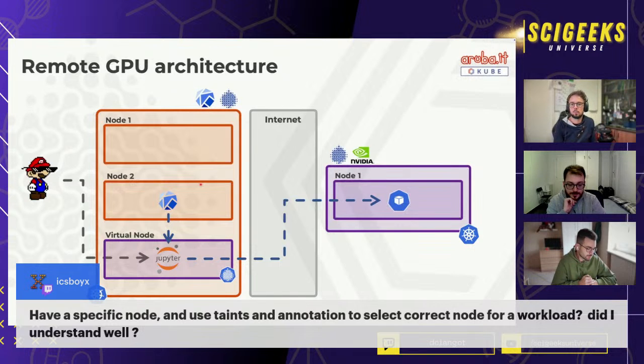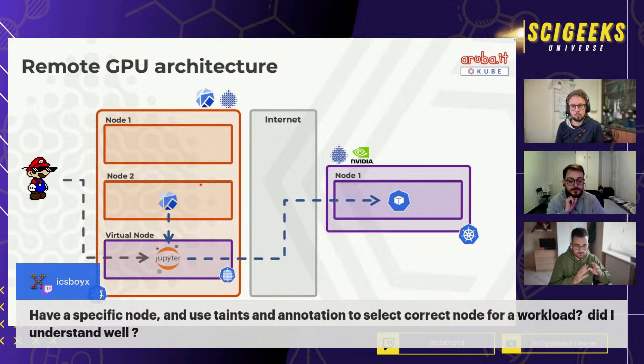Then Liqo works on a namespace basis, so we will see more details later in the demo. But we work by namespace, so you can offload a namespace, making the namespace eligible to be scheduled to a remote cluster.